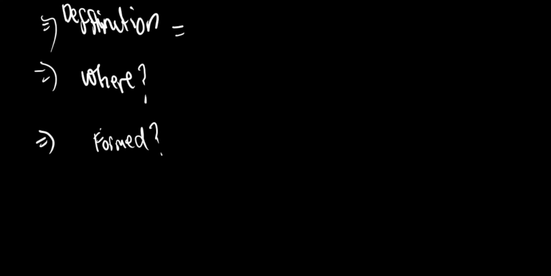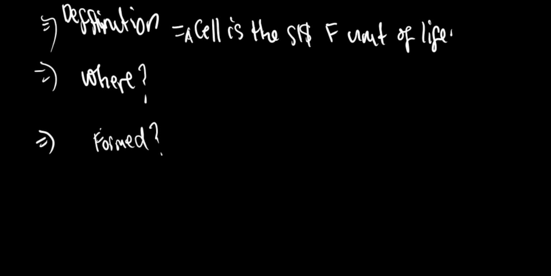We had already defined the cell as the basic structural and functional unit of life. So the first concept of the cell theory is that a cell is the basic structural and functional unit of life. Now, I said the second concept of the cell theory has to do with where can cells be found.